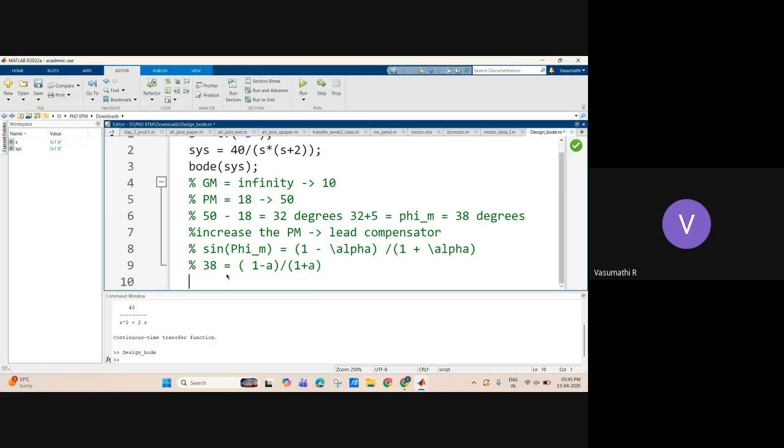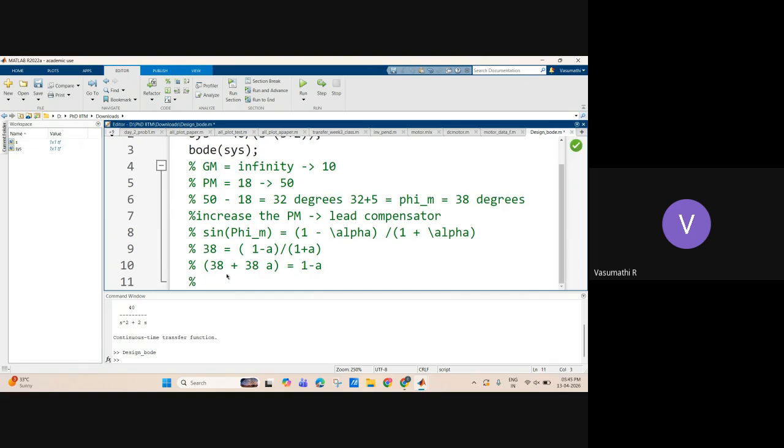So this can again be written as 38 plus 38A equal to 1 minus A. Again, this will be 38 plus 38A. I'm writing it as 38 minus 1 plus 38A plus A equal to 0.